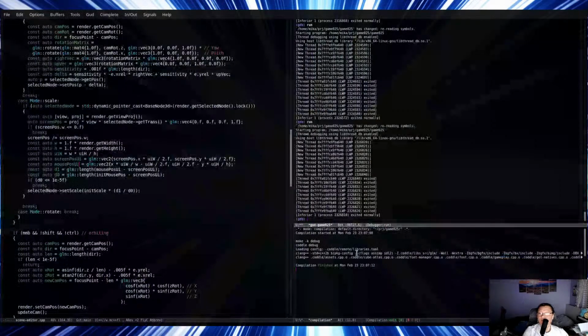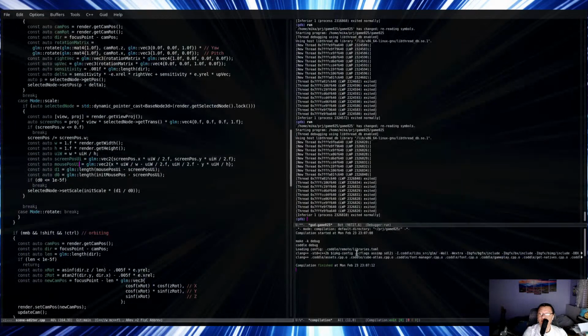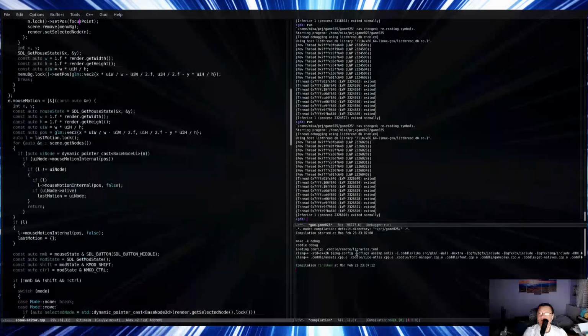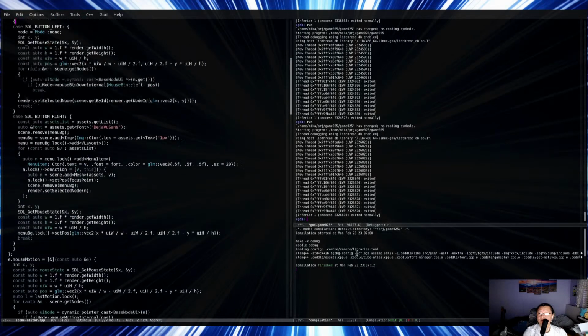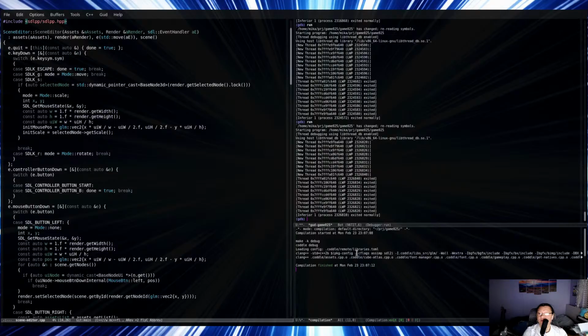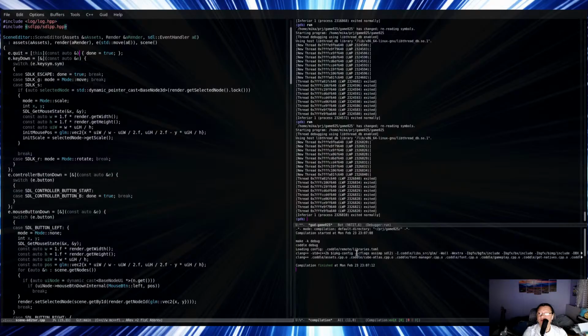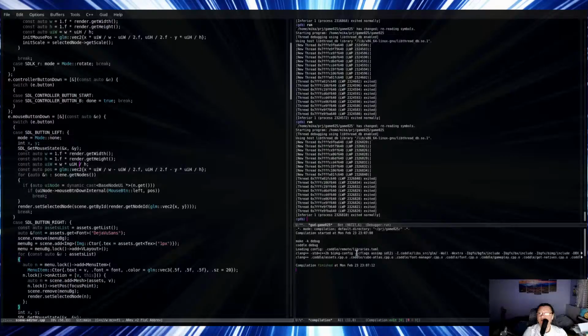Oh, it's unselecting. So let me... mouse button down, left, mode none.